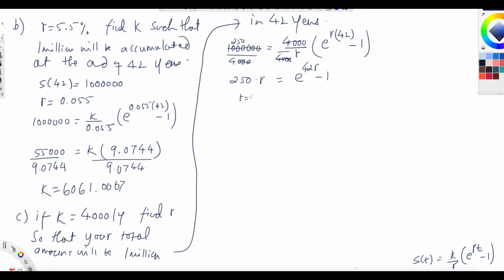Try r equals 1 and see if left side and right side are equal, then 2, then 3, then 4 and so on. Keep trying that. I think you will get r equals almost 7%, that is 0.07. Okay guys, so this is how we use first order linear differential equations in the compound interest problem.